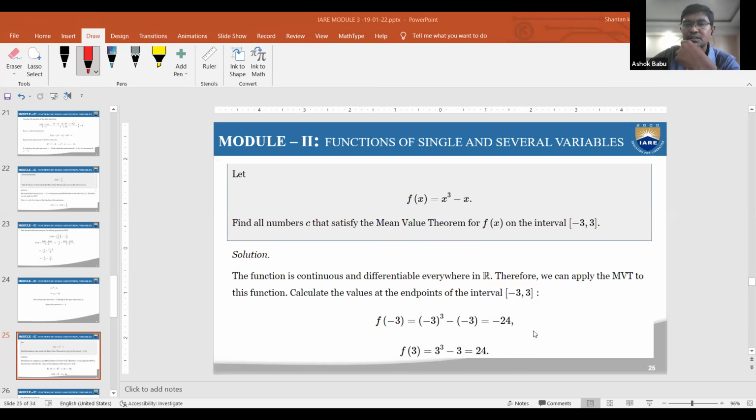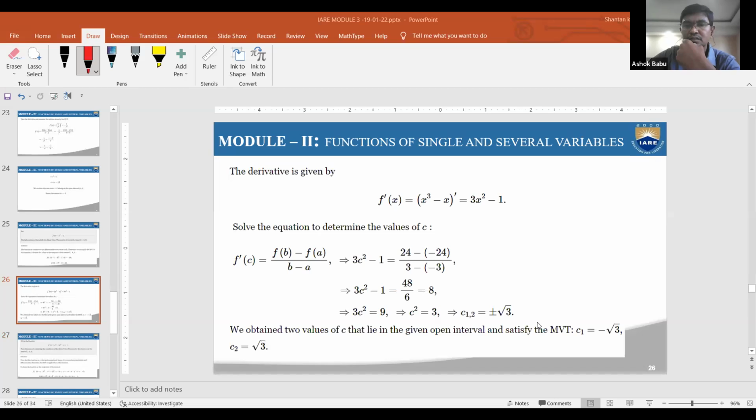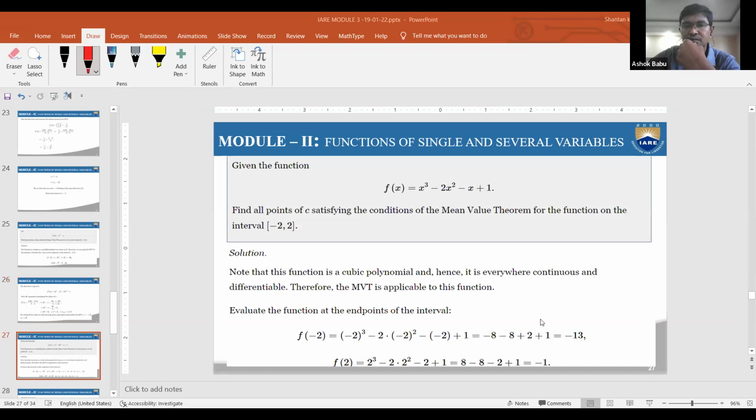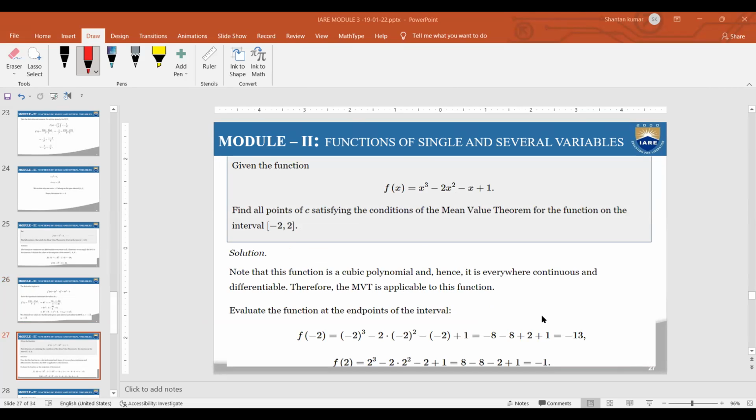What happened, boys and girls? It is plus or minus root 3, Amma. Yeah, this one. Plus or minus 2. Next problem.